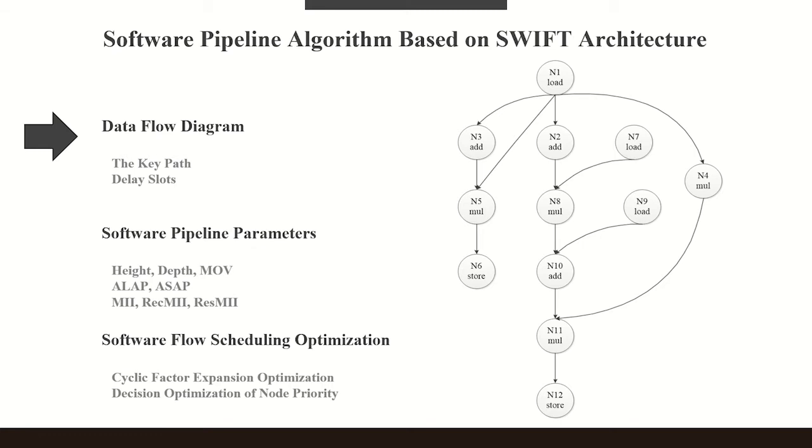Data flow diagram acquisition is the first step of software pipeline. The importance of the data flow graph lies in obtaining the detection of the critical register path and delay slot insertion.